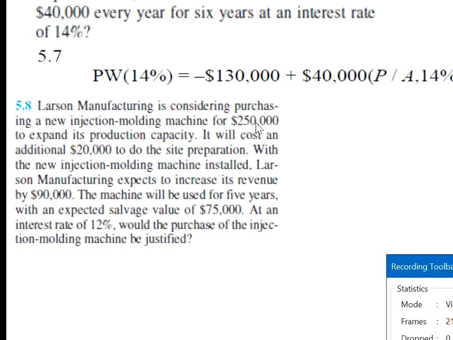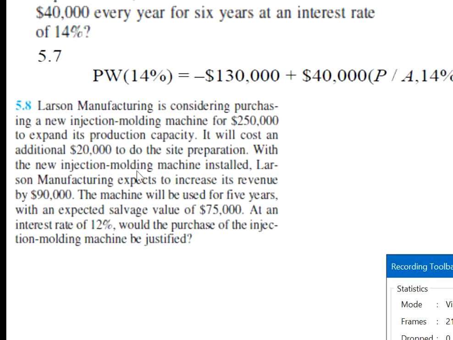Larsen Manufacturing is considering purchasing a new injection molding machine for 250,000 to expand its production capacity. So this is the initial cost. It will cost an additional 20,000 to do the site preparation. So again, this is also minus 250 minus 20 in year 0.